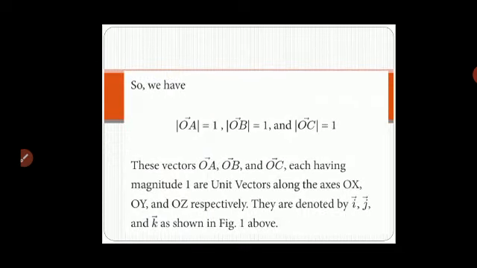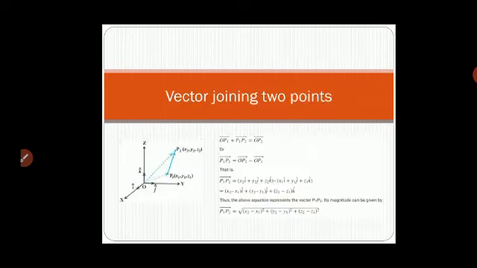So we have OA equal to 1, OB equal to 1 and OC equal to 1. These vectors OA, OB and OC, each having magnitude 1, are unit vectors along the axes OX, OY and OZ respectively. They are denoted by i, j and k as shown in the figure.